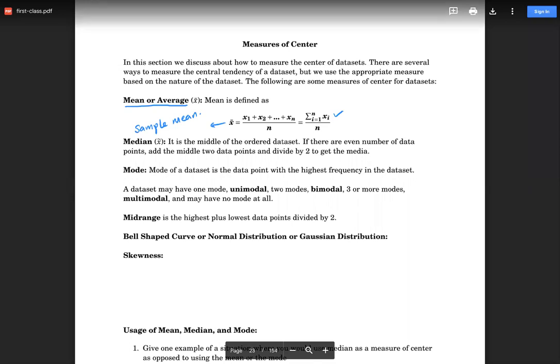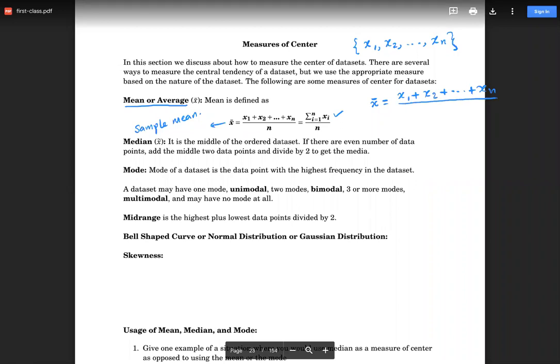All right. Now, let's go ahead and look at other ways of measuring means. But I'd still like to remind you, how do you find X bar? The sample mean, you add the individual data points. So if you have a set of data, X1, X2, all the way up to Xn, you are going to add all of these data points, X1 plus X2 plus all the way up to Xn, and you divide it by the total number of data points.